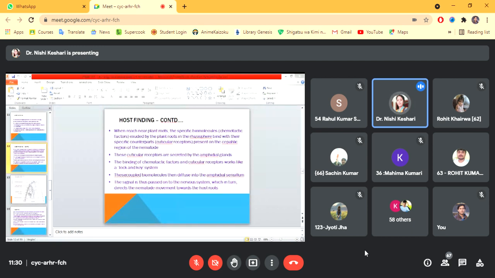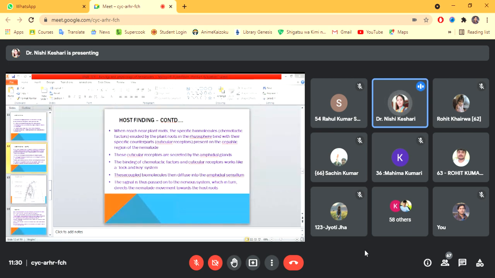The binding of chemotactic factors and cuticular receptors works like a lock and key system, and these coupled biomolecules then diffuse into the amphidial sensillum, which has dendrites and nerves. The signal is then passed on to the nervous system, which in turn directs the nematode movement towards the host roots.